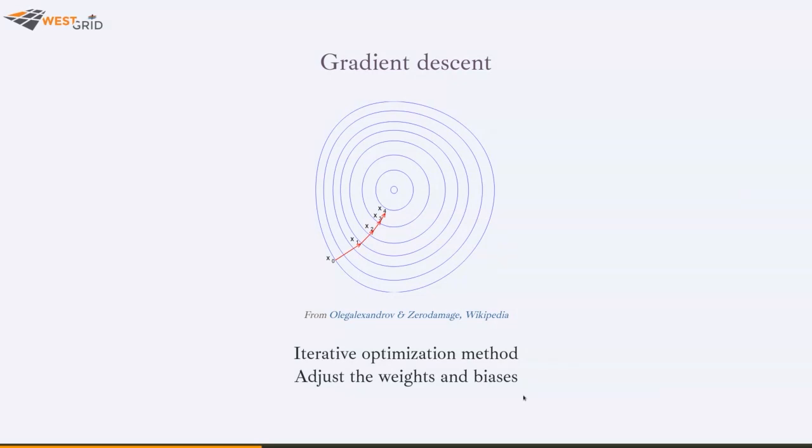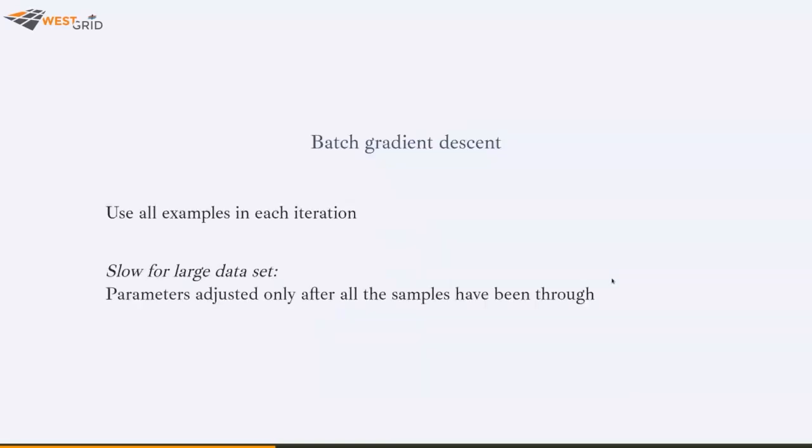So over a number of repetitions, the weights and biases of the algorithm are being adjusted a little bit each time, and the length of the step depends on your algorithm. But eventually, the goal is to minimize your loss function. And gradient descent can be done in a number of ways.